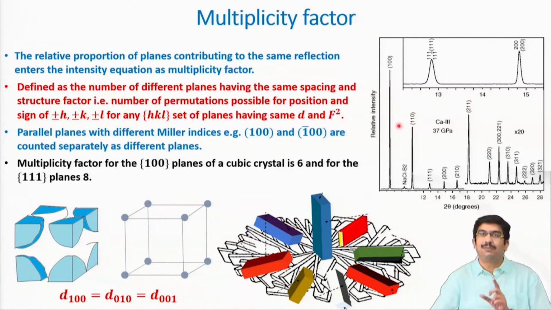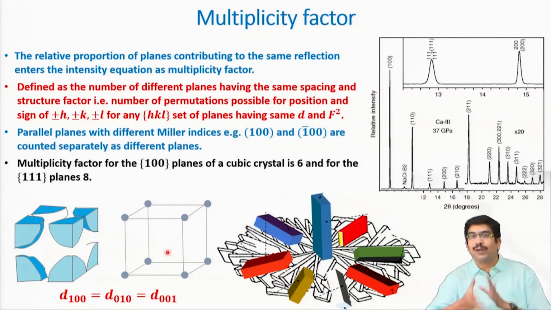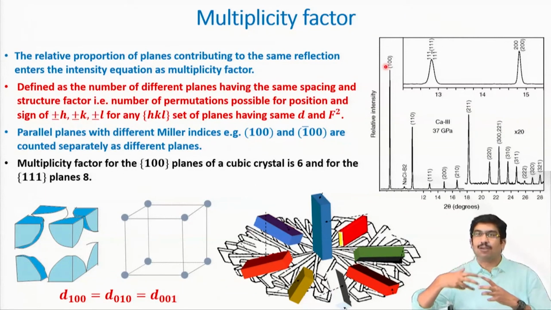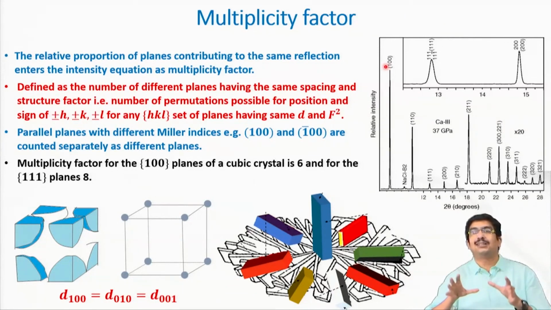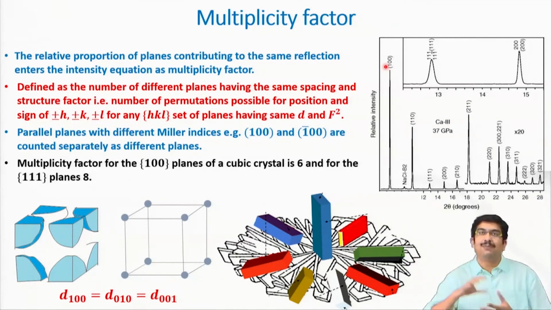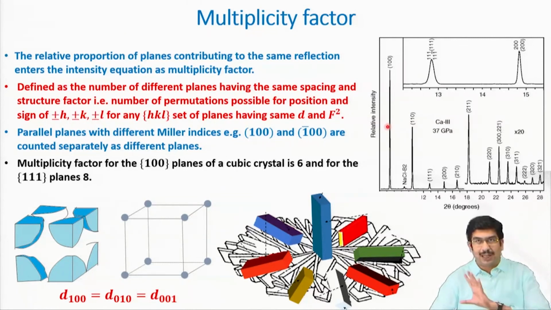That means they will form a diffracted beam at exactly the same angle, so all the diffracted beams coming out from all three sets of planes will coincide with each other. Ultimately I get a peak which is a combination of all 6 planes. I can imagine that they are summed up, forming this one single peak belonging to the 100 family of planes.